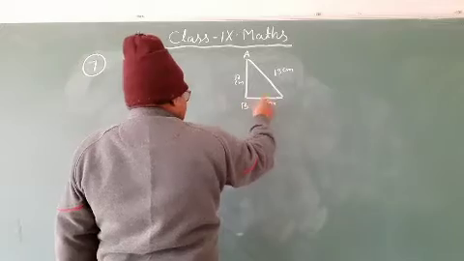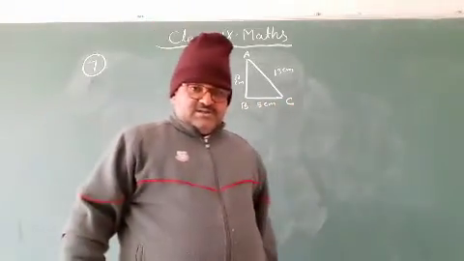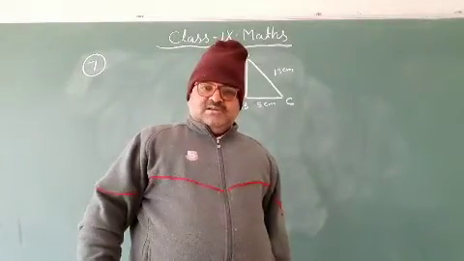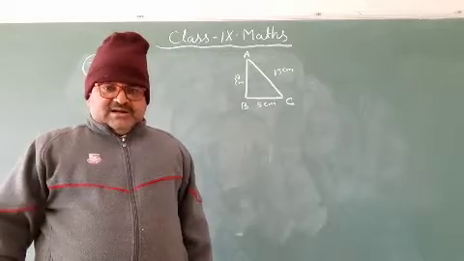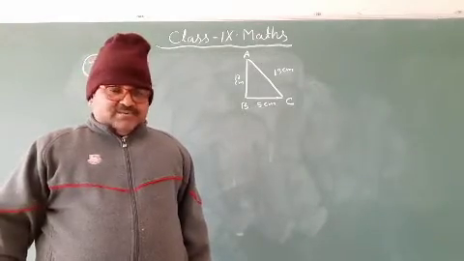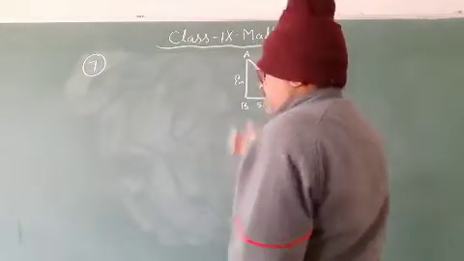A, B and C. ABC is a right angle triangle. This right angle triangle is revolved about the side 12 centimeter.